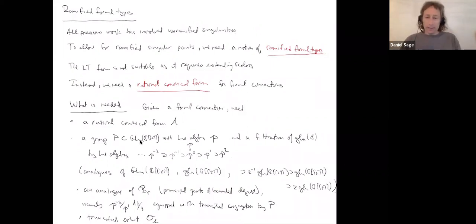I'll be explaining this later. Maybe I shouldn't get into the weeds here. Okay, and then we want a filtration of, sorry, I wrote GLN of C, but I really meant GLN of the power series.